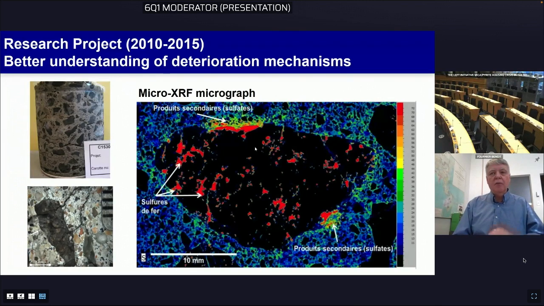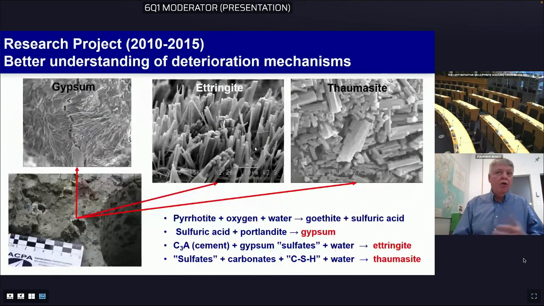And in the upper part, we see some secondary sulfates that have been released through this internal sulfate attack of those pyrrhotite phases present in the aggregate. We were able also to identify the mechanisms involved in the deterioration process, along with the appearance of the various products of deterioration, as highlighted and well explained by Dr. Lehman.